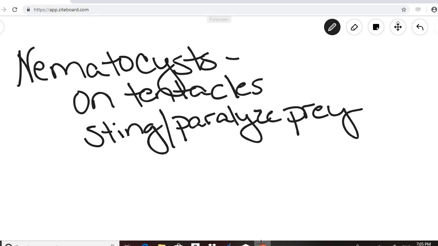They don't have a true digestive system, because in a true digestive system you have an opening that's the mouth, and then you have another opening on the other end that's called the anus. Well, in a jellyfish, there is what is called the gastrovascular cavity.